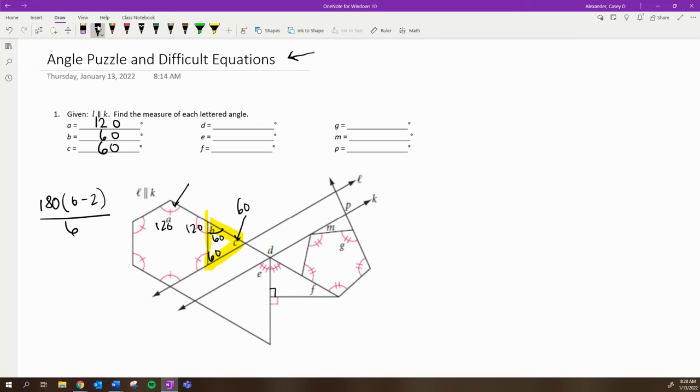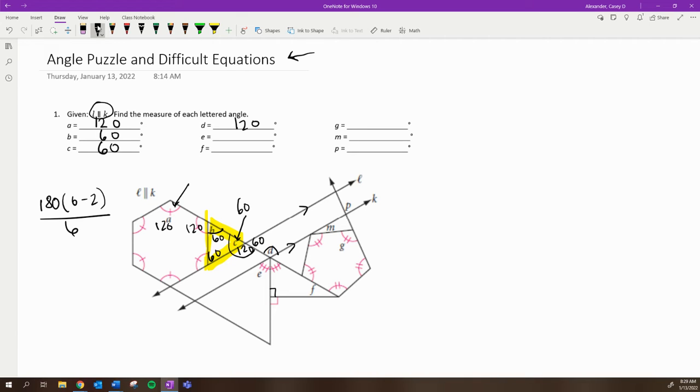Now let's find D. Remember, it's given that L is parallel to K, and that's significant because using the vertical angles theorem, I can figure out that this angle is 60, and then the same side interior angles would prove that D is 120. There's another way: this is 120 because of the linear pair property, and D is an alternate interior angle with that 120 degree angle.